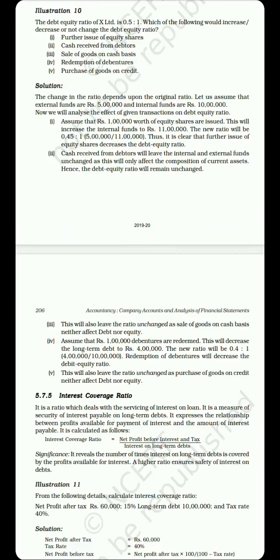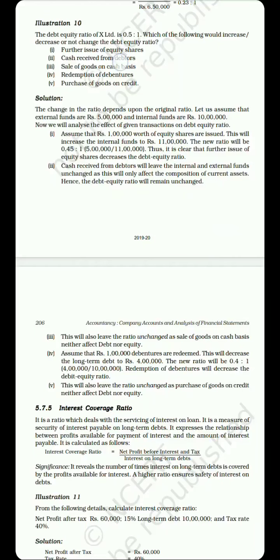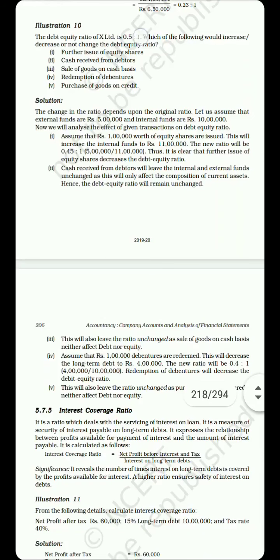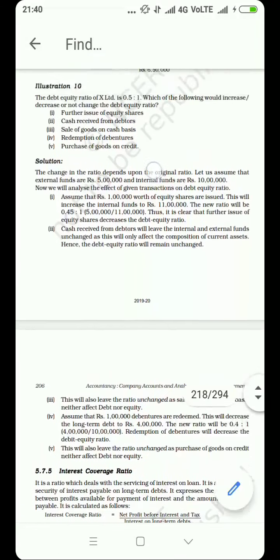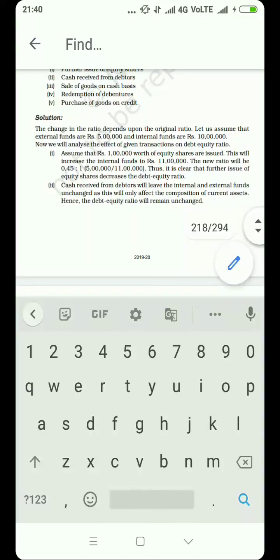When an equal amount is added to NR and DR, it will decrease the ratio. I gave you that formula, isn't it? The same formula is applicable to illustration 10, but NR is not greater than DR. See, numerator is less and denominator is more. So here those 4 points will apply in reverse.